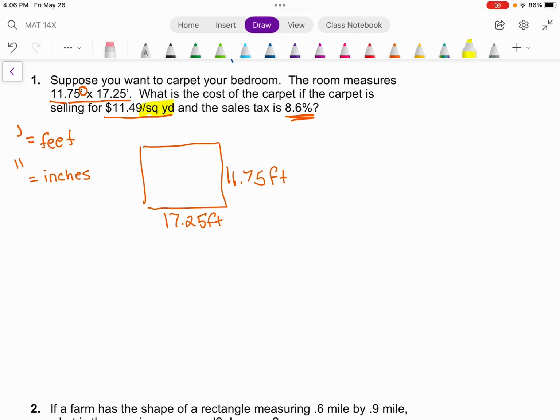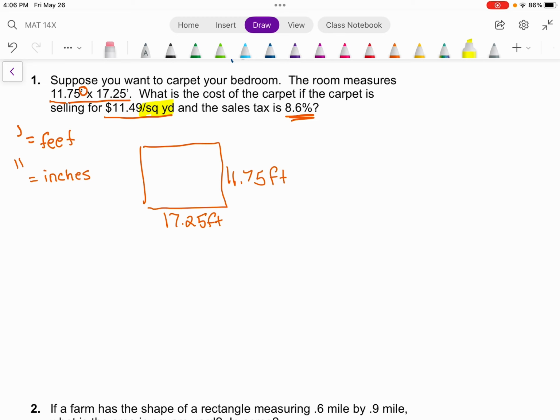So I have a choice here. I can either find the area and then convert after I have found the area, or I can convert first and then find the area in square yards. The choice is really up to you and what you're more comfortable dealing with.